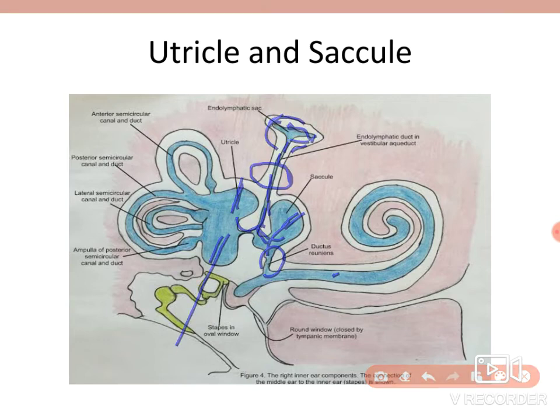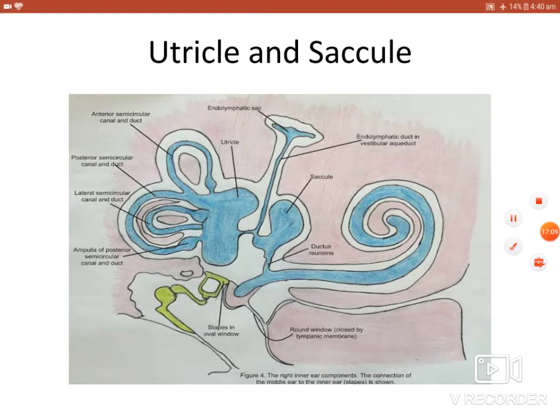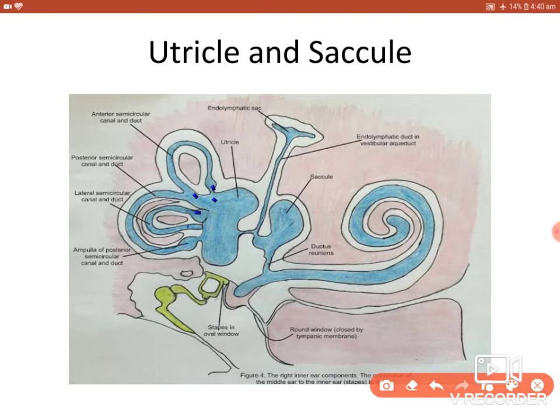Posterior to the utricle you can see the openings of the semicircular ducts. There are 3 semicircular ducts: anterior, posterior and lateral, and 5 openings in the posterior part of the utricle.